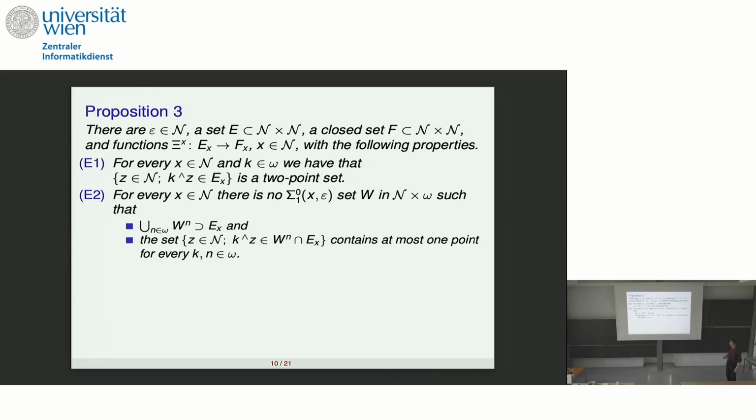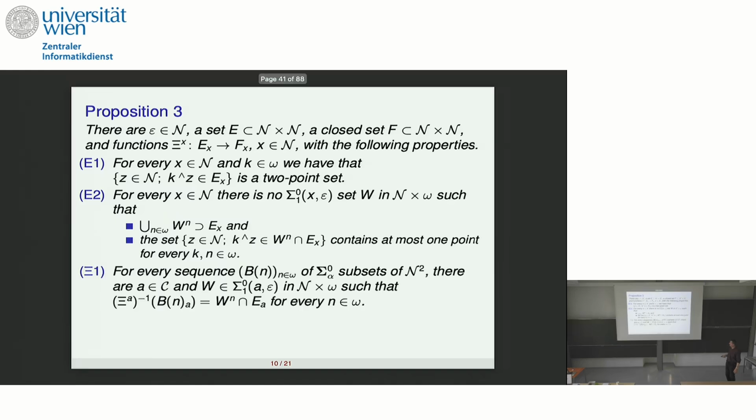Okay, so these two conditions concern the set E. The next condition, Xi1, is related to this family of mappings, and it says that whenever we have a family of boldface sigma 0 alpha subsets of n squared, there is an element A in the Cantor set and W in sigma 0 1 A epsilon.